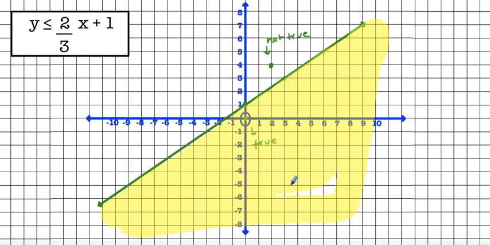So everything underneath this line is a solution. And that's it for this example.